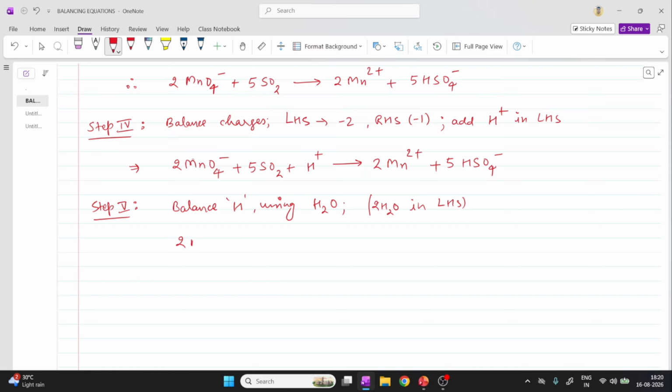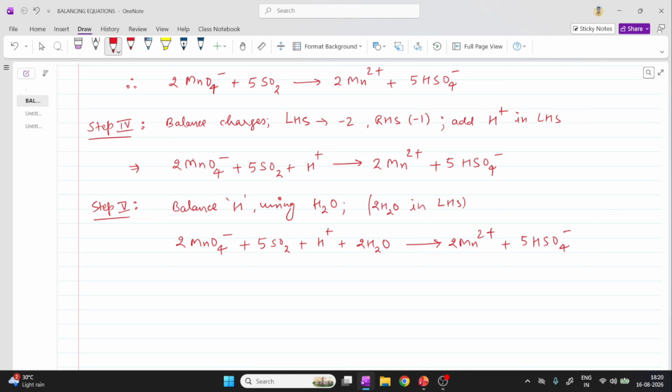So the final equation will be 2MnO4- + 5SO2 + H+ + 2H2O giving 2Mn2+ and 5HSO4-.